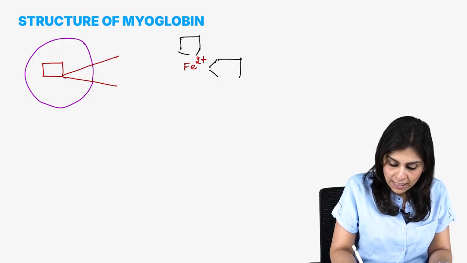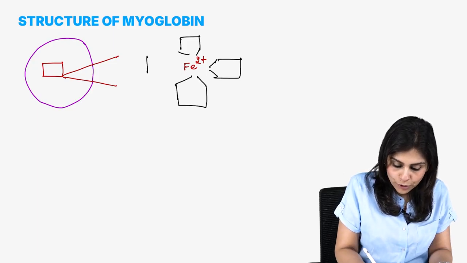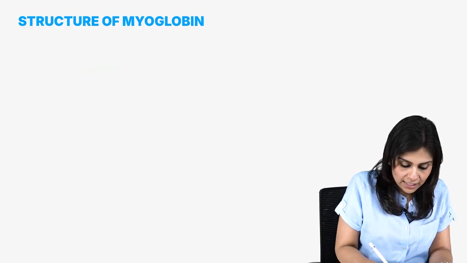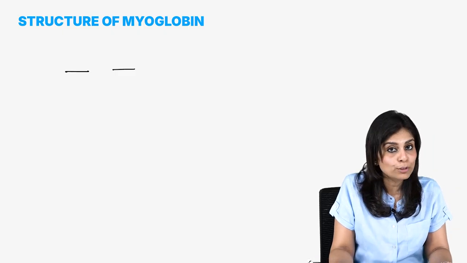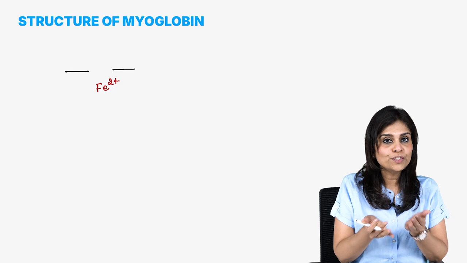And if you want to understand the planar structure of the 4 pyrrole rings and the iron in the center, interestingly, if these two black lines represent the plane of the tetrapyrrole ring, iron is present in a plane below the plane of the ring. Okay, so this is heme.